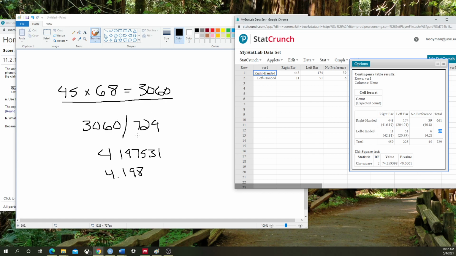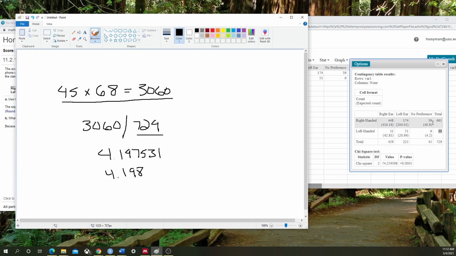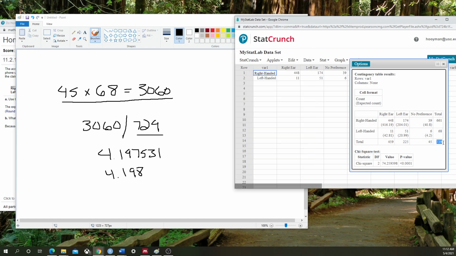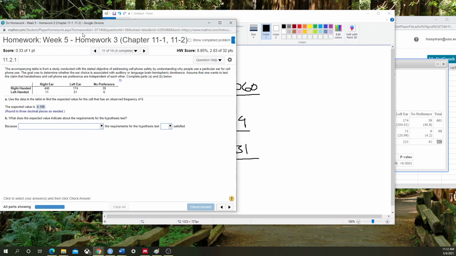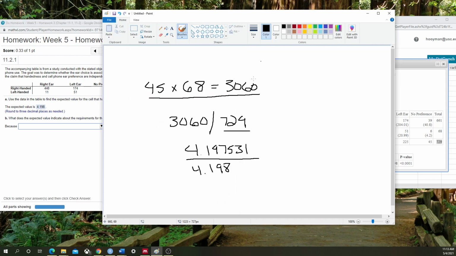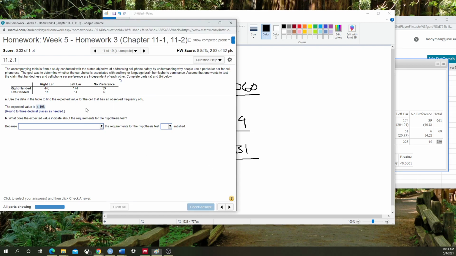Then I divide it by the total of all of the counts throughout the entire matrix, 729. That gives me the long answer of 4.1975. Now, as it asks in StatCrunch with all the previous questions, it says to round to 3 decimal places as needed. I've done that: 4.198. That's what I put in here, and that's what's correct.